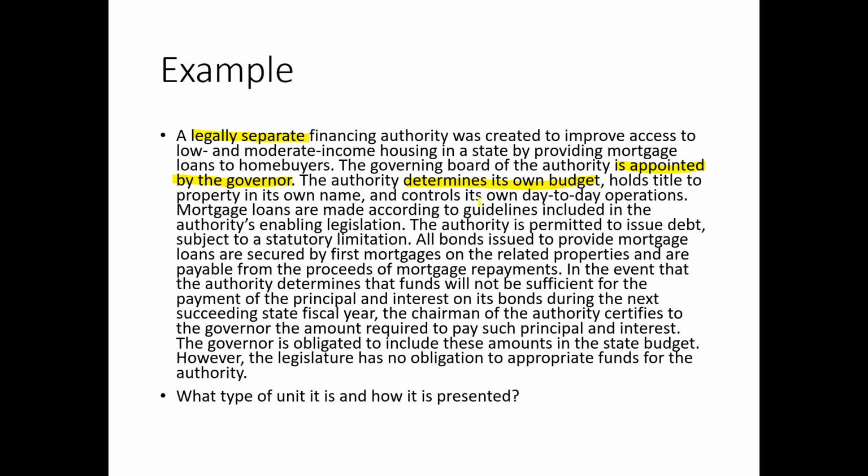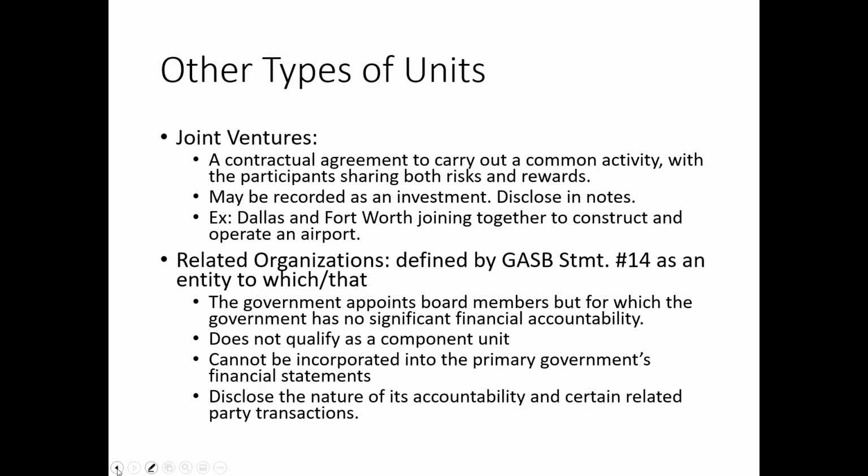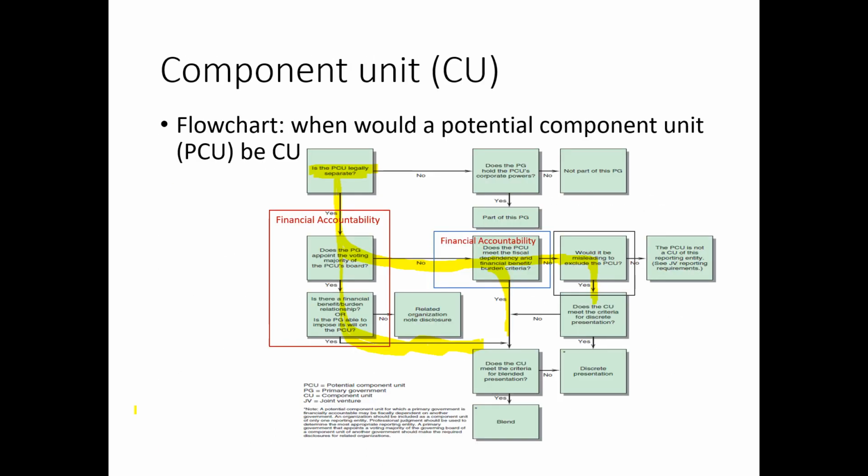So basically, now let's go back to the flow chart to see the root. Yeah, it's legally separated. And does the PG appoint a voting majority of the board? Yes. Now we need to check these two questions.